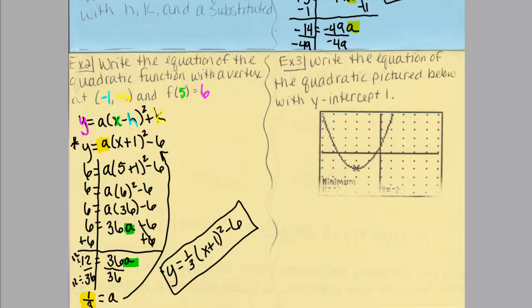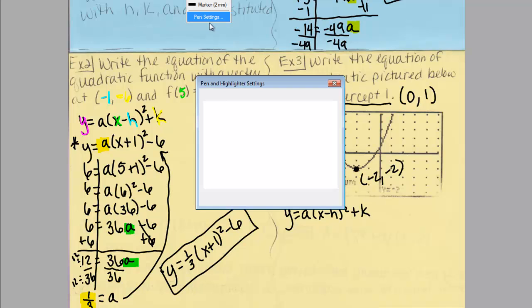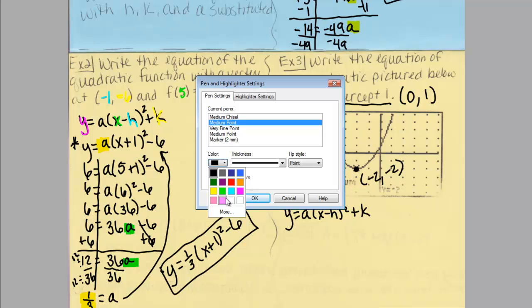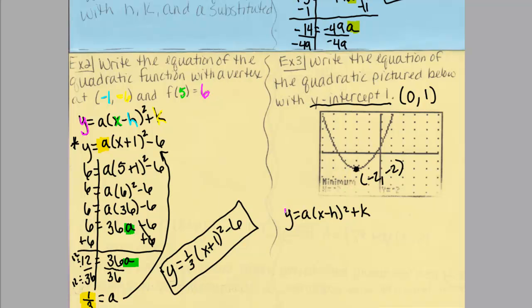One more problem. This one gives us our vertex. It is at (-2, -2). Remember, y-intercept really tells you that it is (0, 1). So our equation, y is equal to a(x - h)² + k. Let's replace our stuff. y is 1.